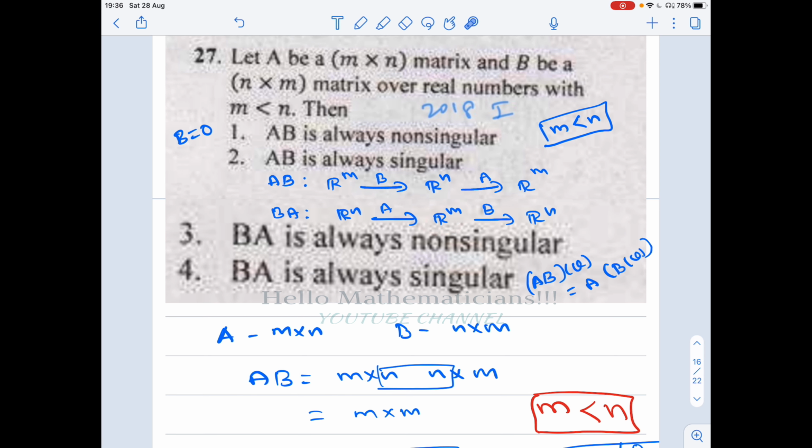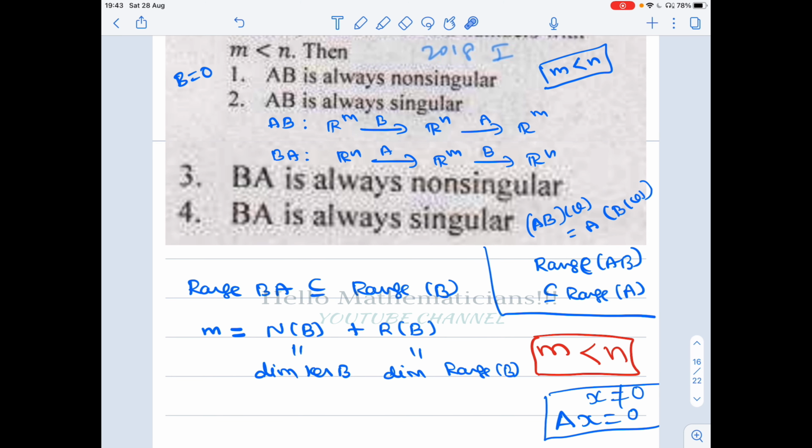And if you apply B on this range, the image can never be R power n, because the range is a space of dimension strictly less than n. From a vector space whose dimension is less than n to R power n, you have a linear transformation B, so definitely the image cannot be R power n.